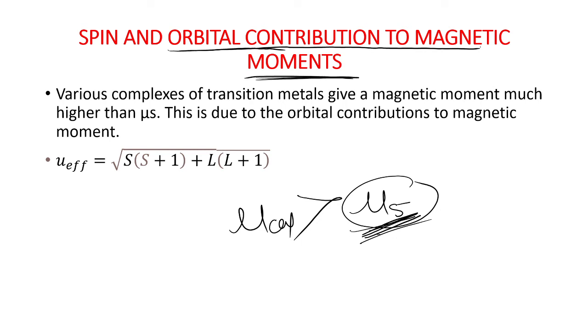In that case we use the formula μ effective is equal to √(S(S+1)) plus √(L(L+1)), where S is the spin angular momentum quantum number and L, capital L, is the resultant orbital angular momentum quantum number. If we know the values of S and L for this metal ion or these complexes, we can calculate μ effective, that means the total magnetic moment.